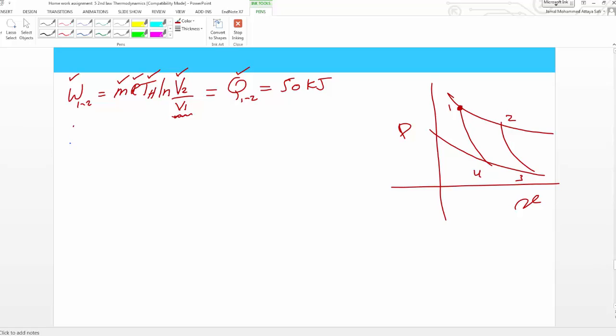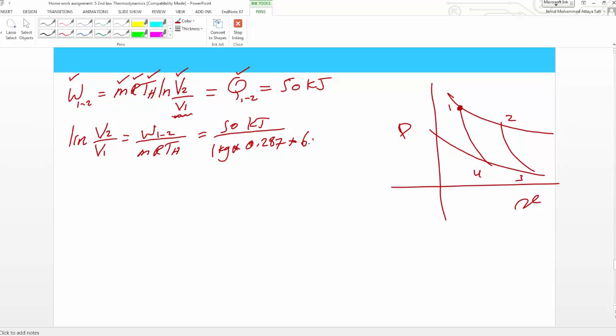To do so, I can immediately say that V2 divided by V1 is equal to the work from 1 to 2 divided by mRTH, and that is 50 kilojoule divided by 1 kilogram multiplied by 0.287, the gas constant for air, multiplied by TH, the temperature, and that's going to give you 2904.